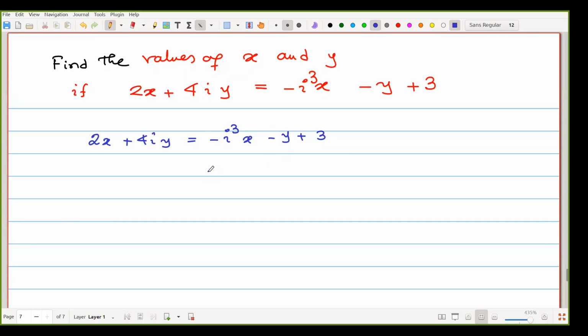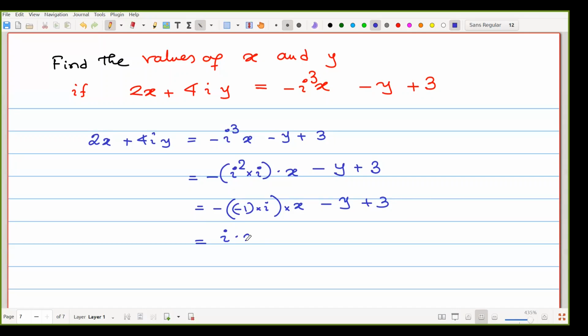And that one, minus of i cubed, can be written as i square into i into (x minus y) plus 3. Now look, minus of that one is the minus 1, because i square means minus 1. So minus of minus is now plus. So only i into (x minus y) plus 3.